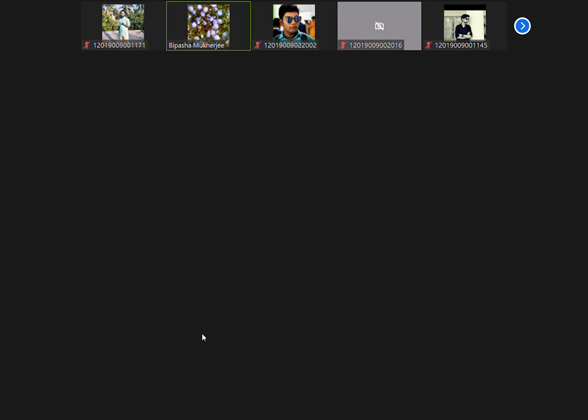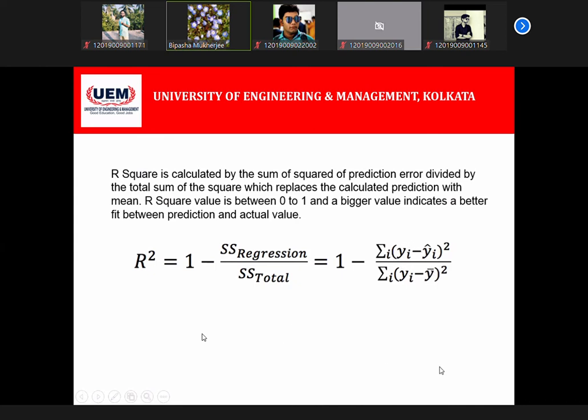Say your expectation is that your profit will be 5 rupees, but your profit is actually 3. So how much error is there? 2. They take the squared error format so that there is no negative result. This way we calculate the square error, that is the R square, that is the R2.